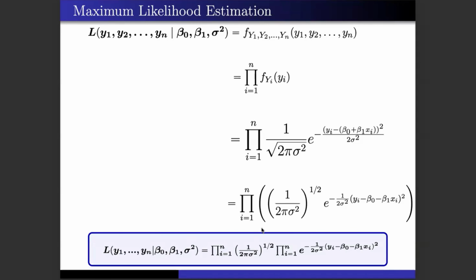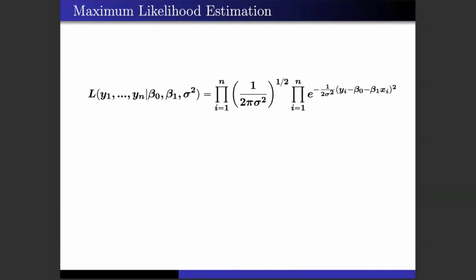Therefore, we can rewrite this equation as the product of the first term times the product of the second term. And so we get the product for i going from 1 to n of 1 divided by (2 pi sigma square) to the power 1 by 2, times the product for i going from 1 to n of e to the power minus 1 divided by 2 sigma square times (yi minus beta naught minus beta 1 xi) whole square.